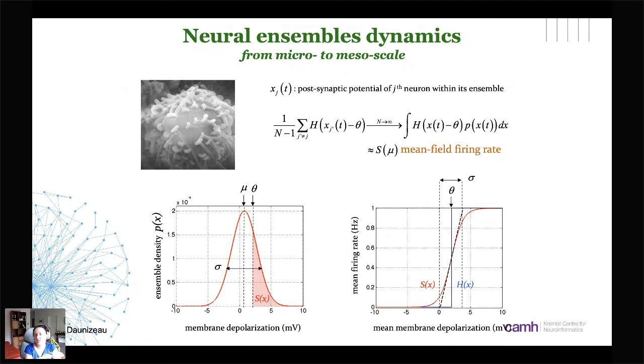In other words, each neuron sees all its neighbors, and the average input that it gets is represented by the distribution of the membrane depolarization over that neuronal ensemble. In this case, the theta parameter defines the firing rate threshold, and the area under the curve gives you the proportion of neurons that fire at any time point.